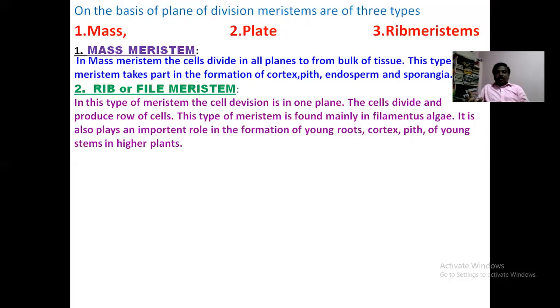It also plays an important role in the formation of young roots, cortex, pith, and young stems in higher plants.